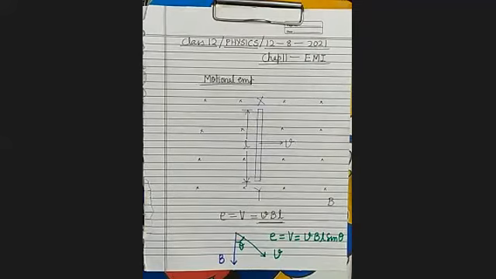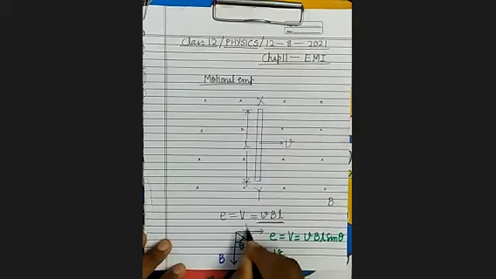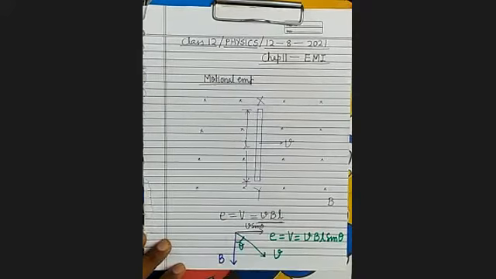EMF will be induced because of that velocity component of the conductor which is normal to the field. Because of which velocity component will EMF be induced? The one normal to the field, V sin theta. It's clear, because the velocity can be resolved into two components.